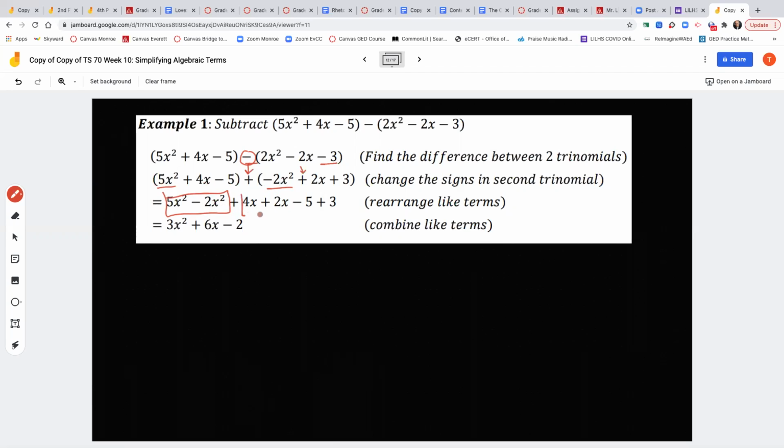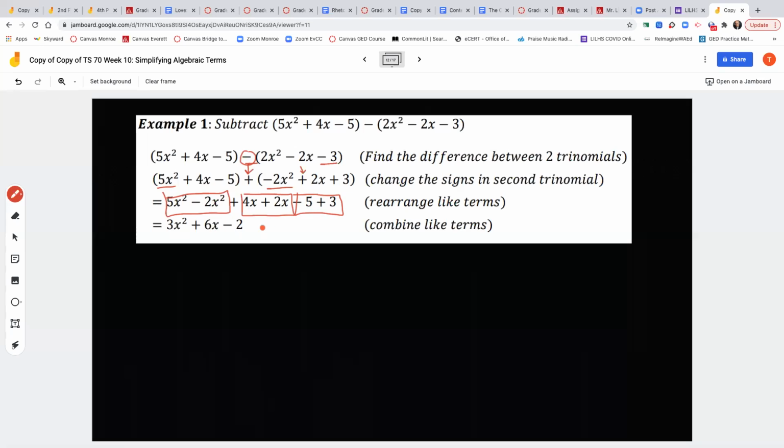We put just the number next to an x together. In our constants, minus 5 plus 3, those are together. And then we can combine them even further. 5 minus 2 is 3x squared. 4x plus 2x is 6x. Minus 5 plus 3 becomes minus 2.